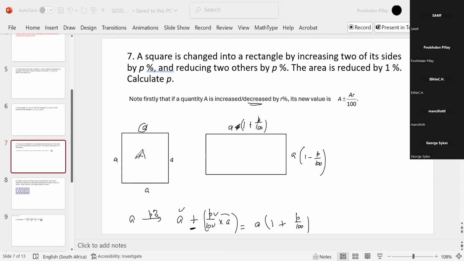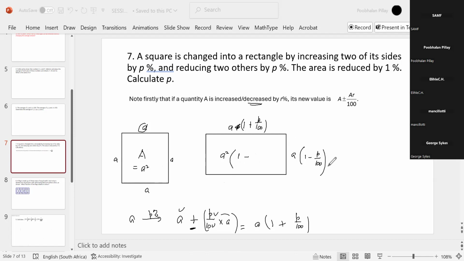the original area was A. Oh, by the way, A is equal to A squared. You know how to work out the area of the square. Right, so the area A squared is reduced by 1%. So from what we said here, this is equal to A squared into 1 minus, right? We have 1 plus P over 100 when you increase.